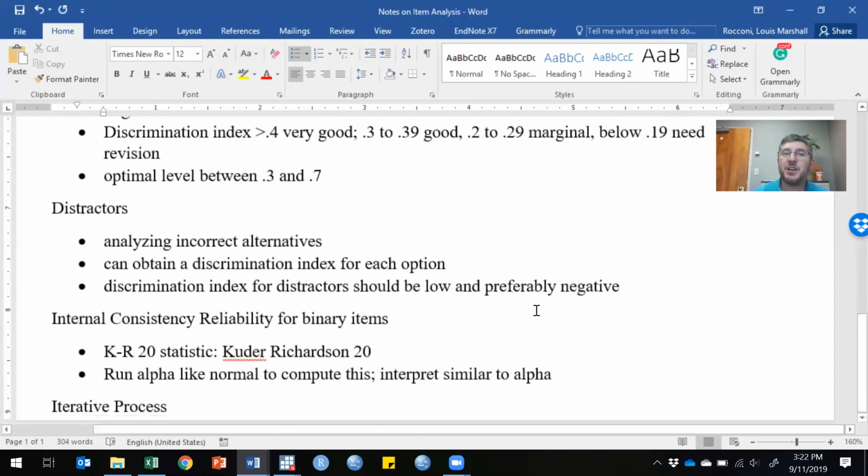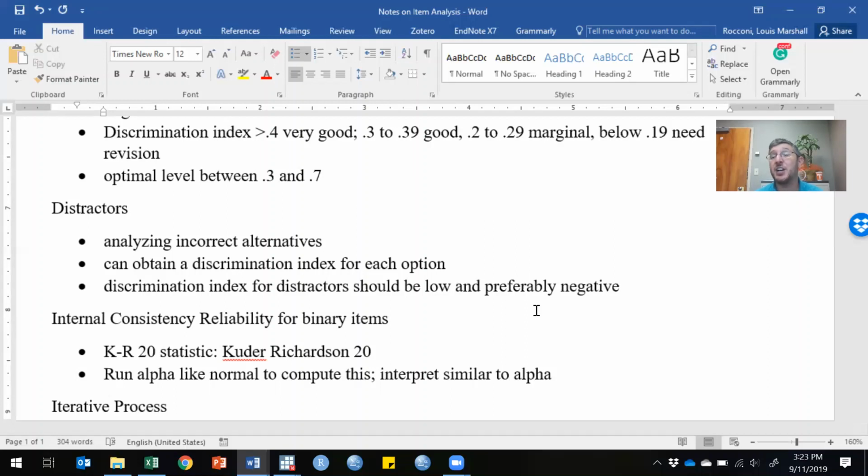We'll also talk about a distractor analysis, and this is really where we analyze the incorrect alternatives. It's really useful for discovering how well the decoy options on the test perform. Is nobody selecting option A? Maybe we want to revise it.